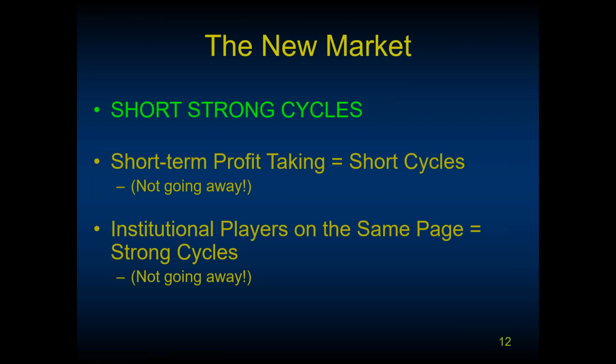And because all these institutional players are all on the same page, let's face it, they're all using the same basic computers, the same basic programs. So this short cycle thing that we see now, the market going up and down, giving and taking, it's not going away. Because again, the big volume buyers are all on the same page and using the same basic playbook with small variations.